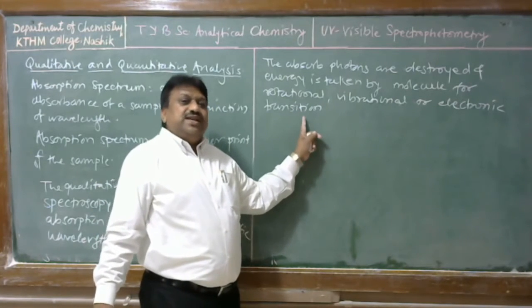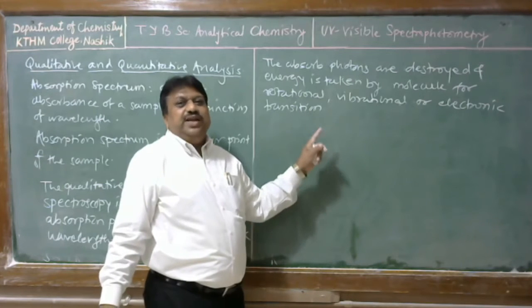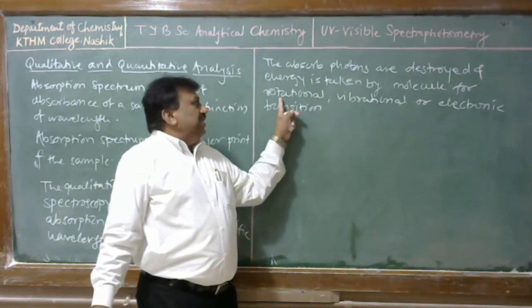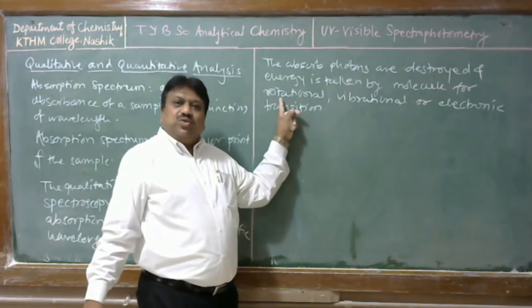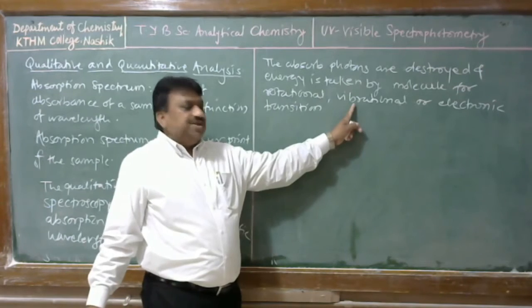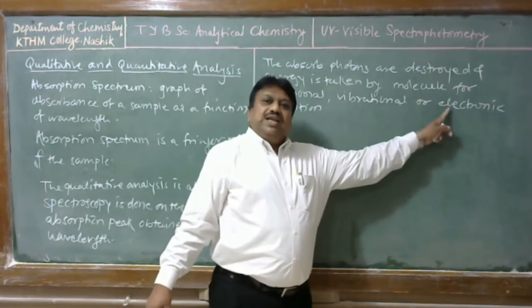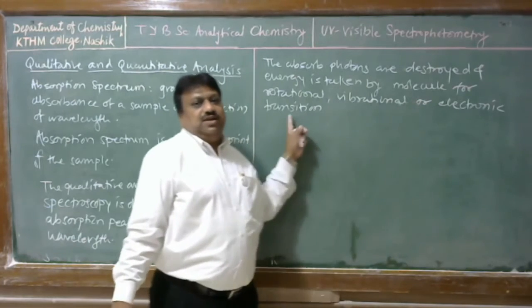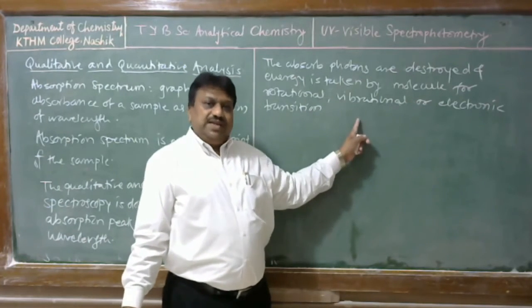Therefore, the energy is utilized for excitation from a lower rotational level to a higher rotational level, from a lower vibrational level to a higher vibrational level, or from the lower electronic level, the ground state, to the excited state electronic level.